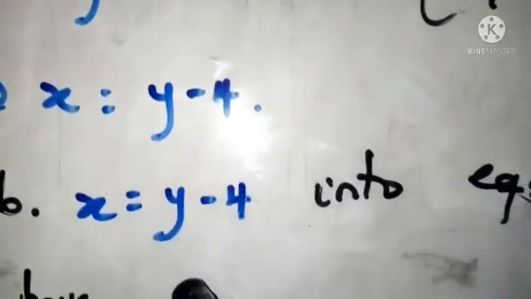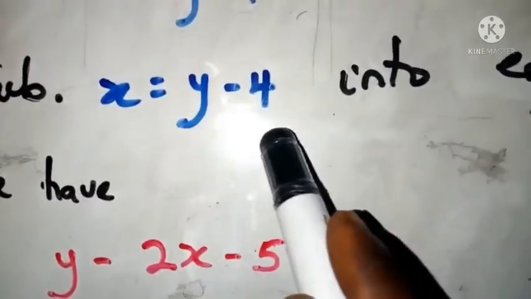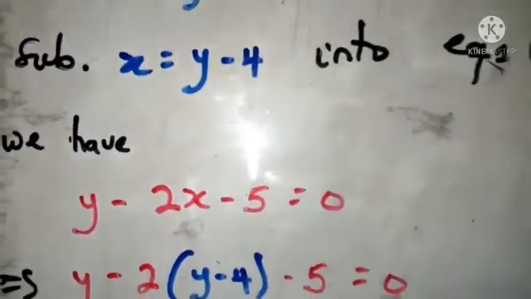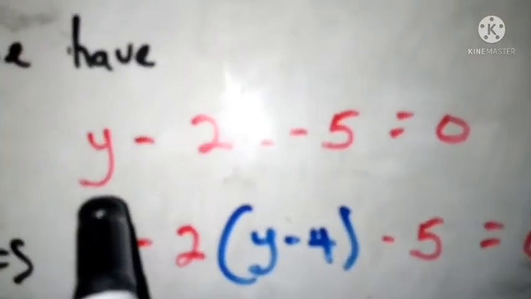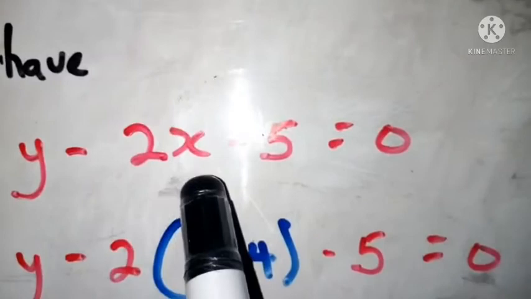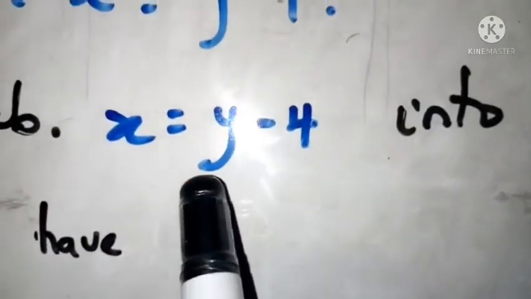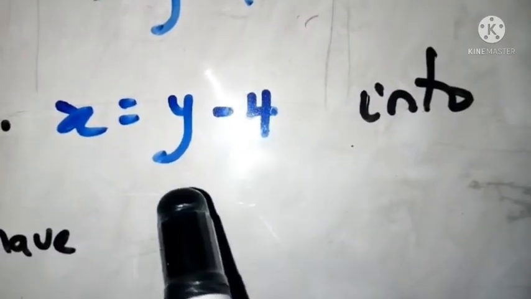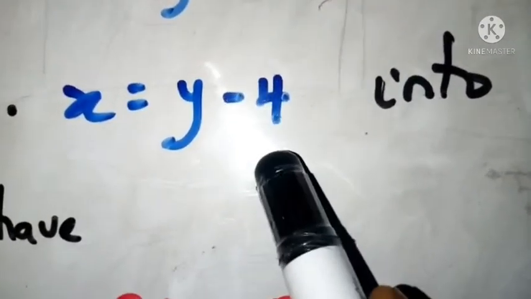I need to go to the second one. The second equation is y minus 2x minus 5 equals 0. Wherever I see x here, I can replace it with y minus 4.